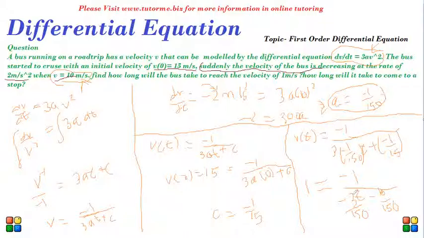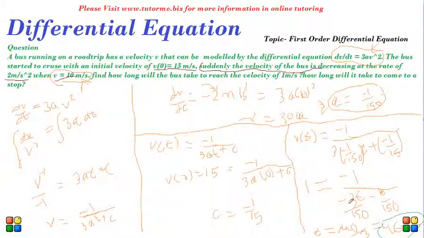Once I do the calculation here, I'm going to get 140 over 3, 140 divided by 3, which is 46.66 seconds. Okay, the bus will take 46.66 seconds to get to a velocity of 1 meter per second.